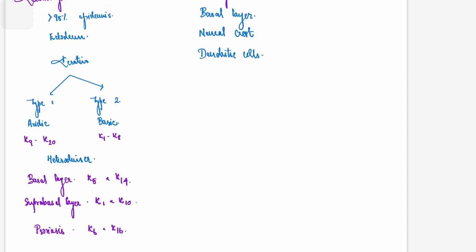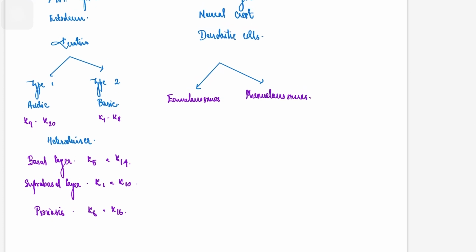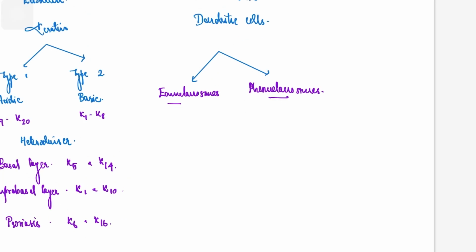The melanocytes contain two types of melanosomes: eumelanosomes and pheomelanosomes. These melanocytes give color to the skin. These two organelles, situated within the melanocyte, give the color.